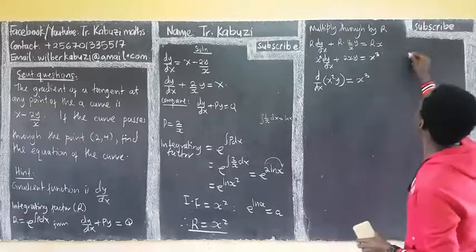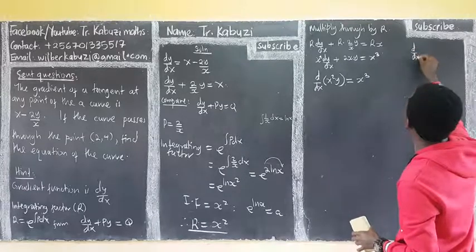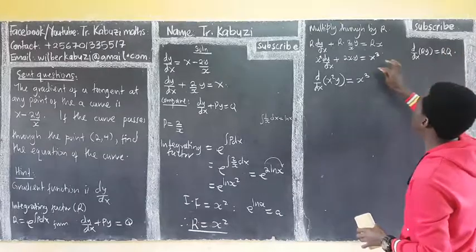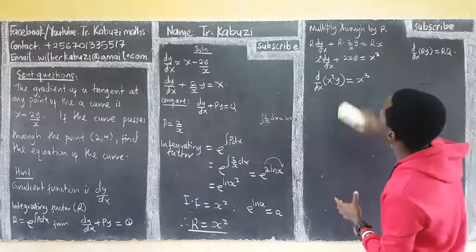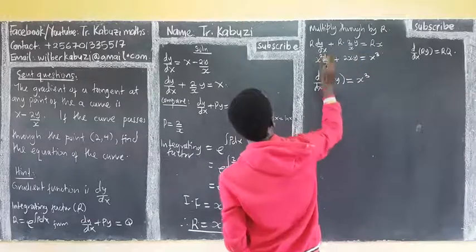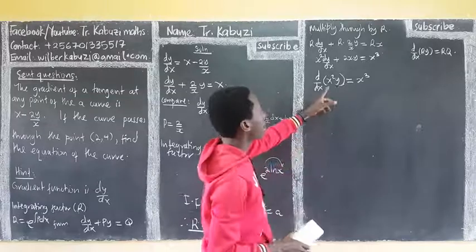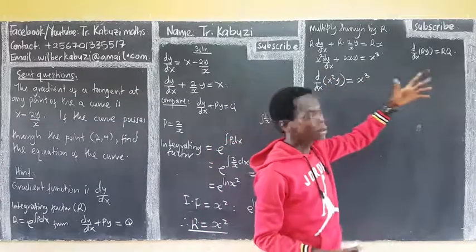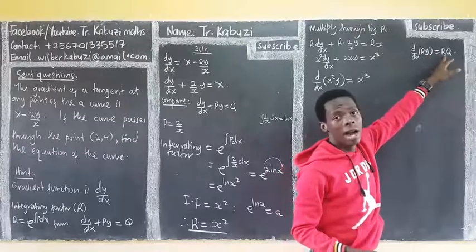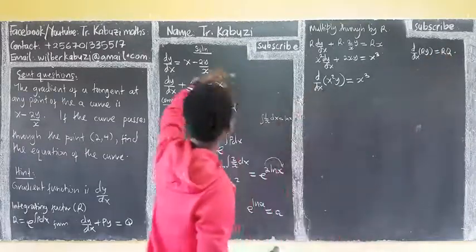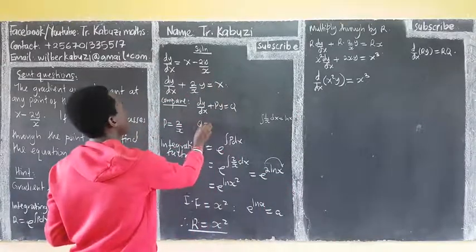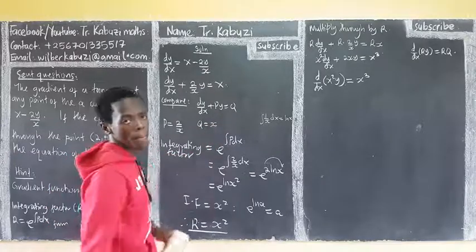Some people from here just say d/dx of r y equals r q. If you do the step above, it shows understanding, because you can show someone what you differentiated. But if you just come to this step, you get r times y, then r times q, where your q is what you got here. So your q is x.